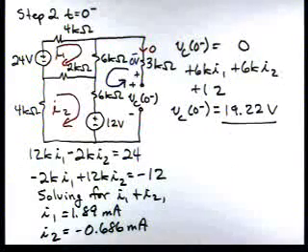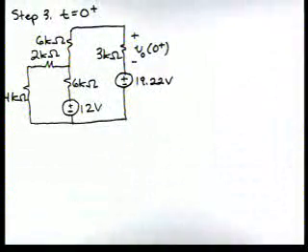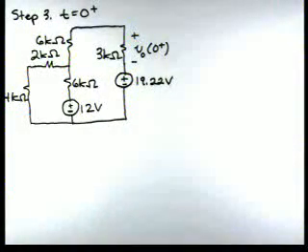So that completes step 2. Now step 3, we're going to draw the circuit at t equals 0 plus. We're going to replace the capacitor with a voltage source equal to the value at 0 minus. So here's our circuit at t equals 0 plus.